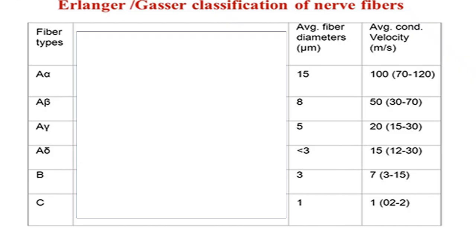Roughly, the velocity will be 6 times the diameter: 15 into 6, 8 into 6, 5 into 6. This proportionality applies to the A fiber and B fiber, the myelinated fibers: conduction velocity is 6 times the diameter.